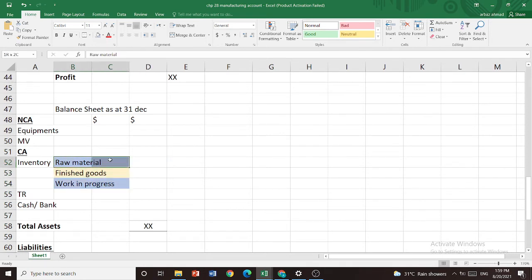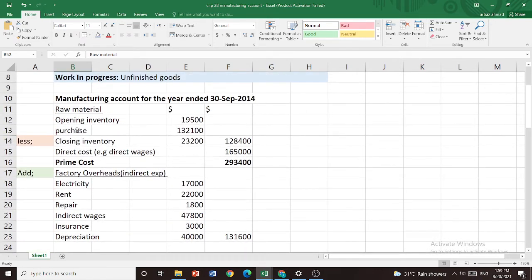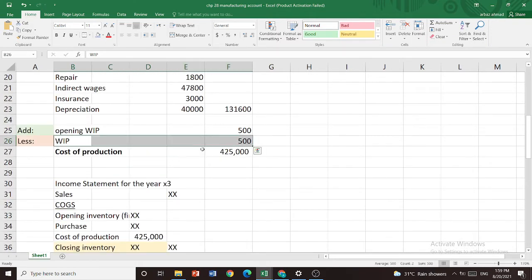So inventory of raw material, and again this is finished goods closing inventory, okay. So that means not this one, but this one, closing inventory, because these are my assets, right? I haven't sold them yet, so I will have this in my balance sheet, and this is my closing work in progress.